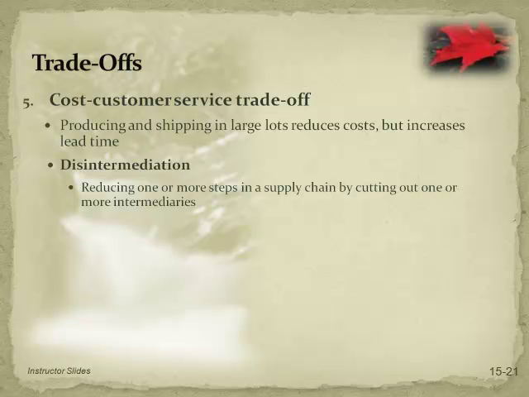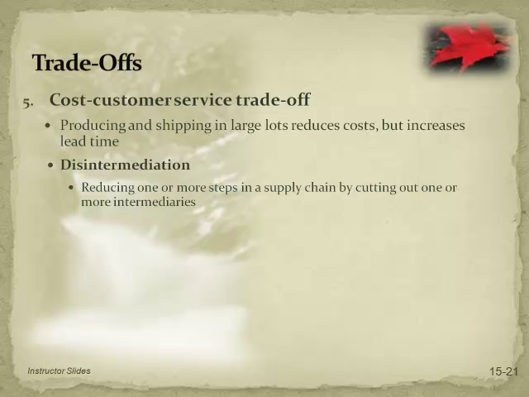We also have trade-offs between overall costs and customer service too, okay? And then finally, disintermediation. Disintermediation basically means reducing one or more steps in the supply chain by cutting out one of the intermediaries.